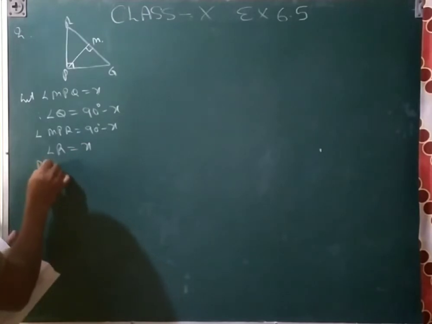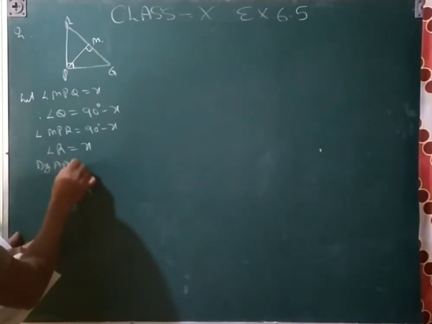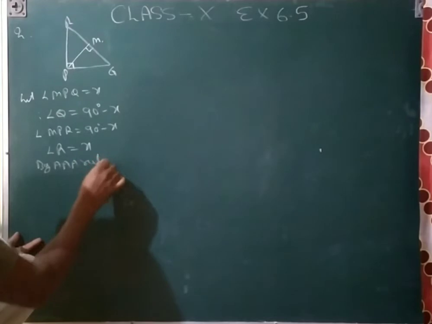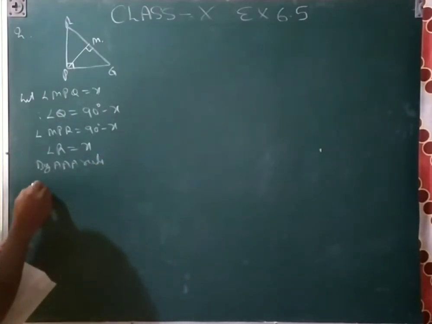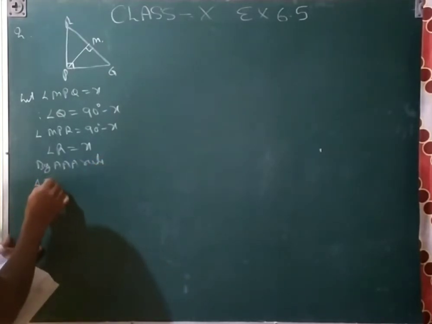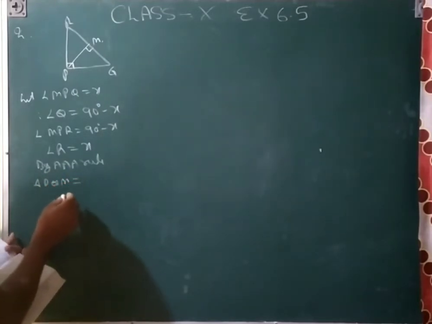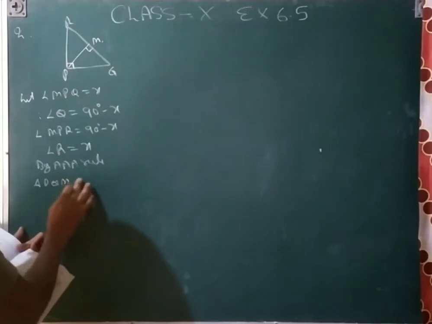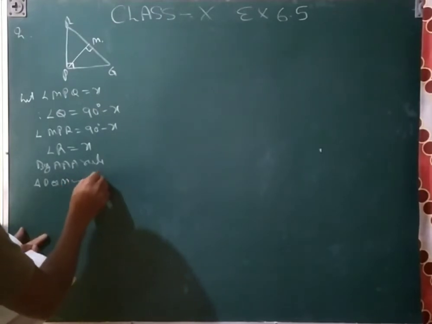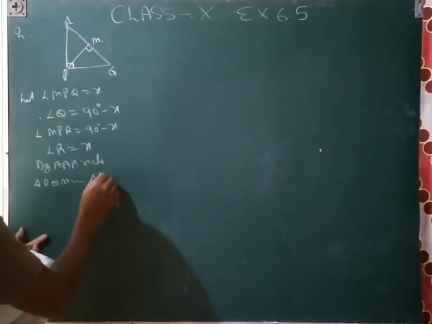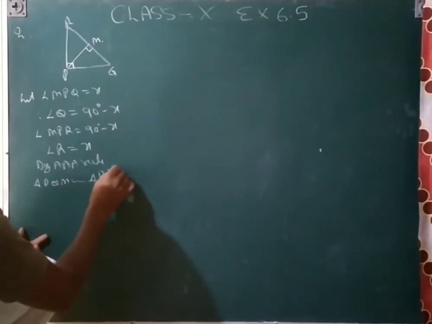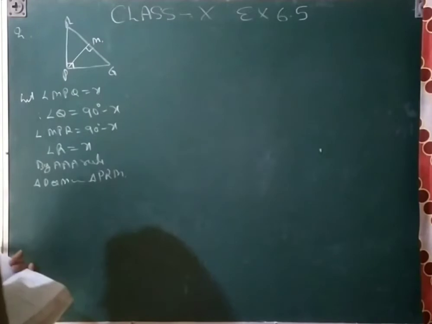So by AAA rule, triangle PQM is similar to triangle PRM.